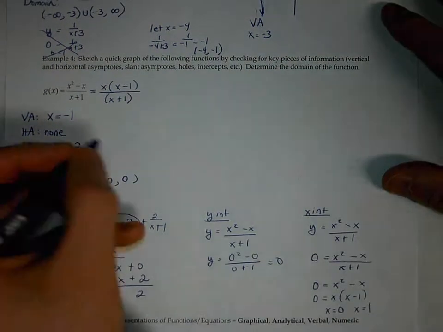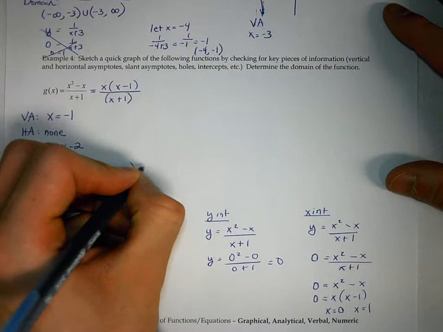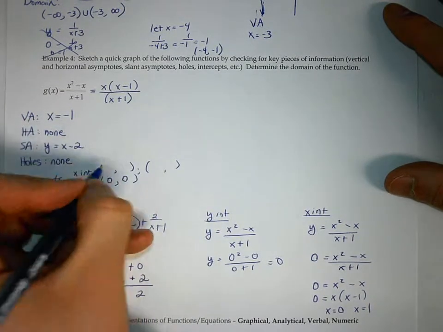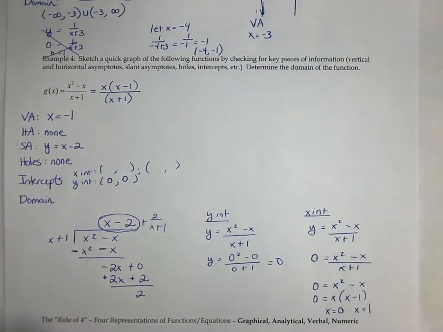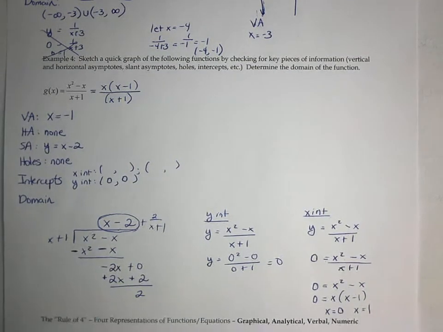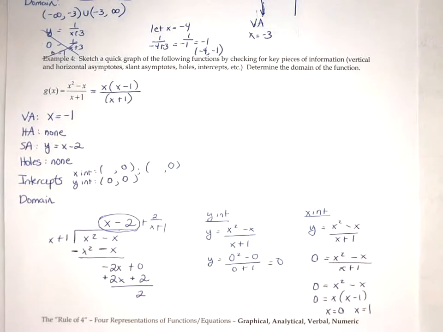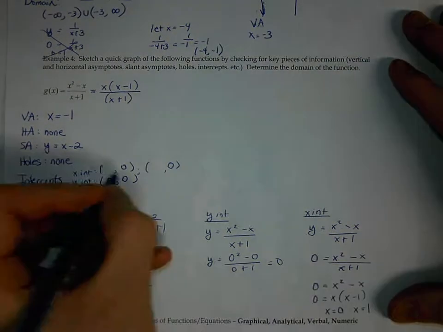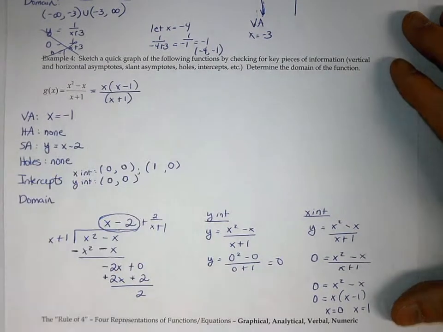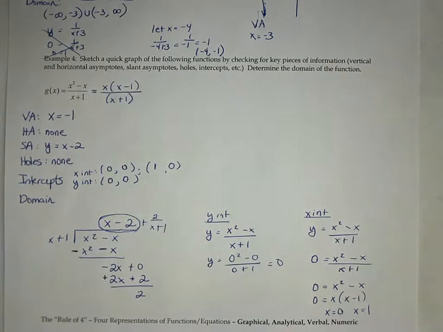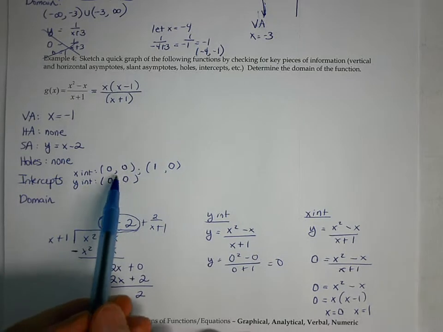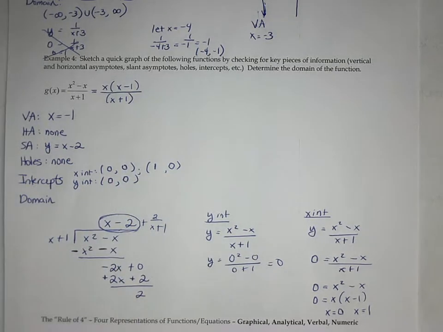My x-intercepts are always in the format of something comma 0. So I have x equals 0 and x equals 1. So there's my two intercepts. And the origin, 0, 0, crosses both the x and the y axis, so it makes sense that I can define those as either intercepts.